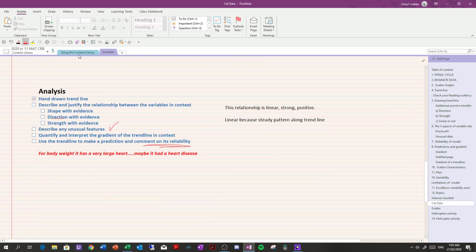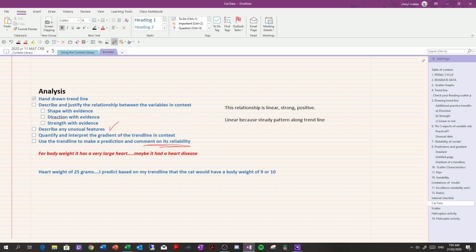So if I was to make a prediction, say at 25, a heart weight of 25 grams, I predict, based on my model, trend line, that the cat would have a body weight of 9 or 10 kgs.